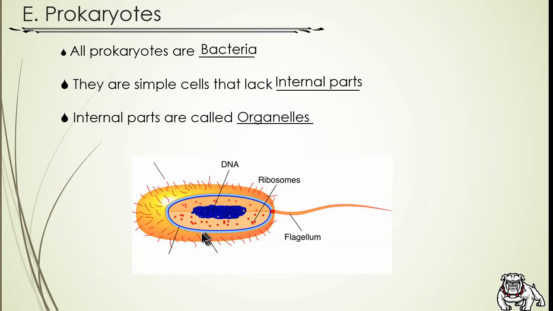The thicker light blue color here is the cell wall, and then you'll see a dark blue, which is the cell membrane. I didn't put this on this particular picture, but there also can be encased in what's called a capsule, which is a thick coating on the outside of the cell wall even, and that's why bacteria can survive in extreme environments, because they can just be dormant for a while. Kind of protects everything for a while until there's enough water or oxygen or whatever you need in order for the bacteria to grow.